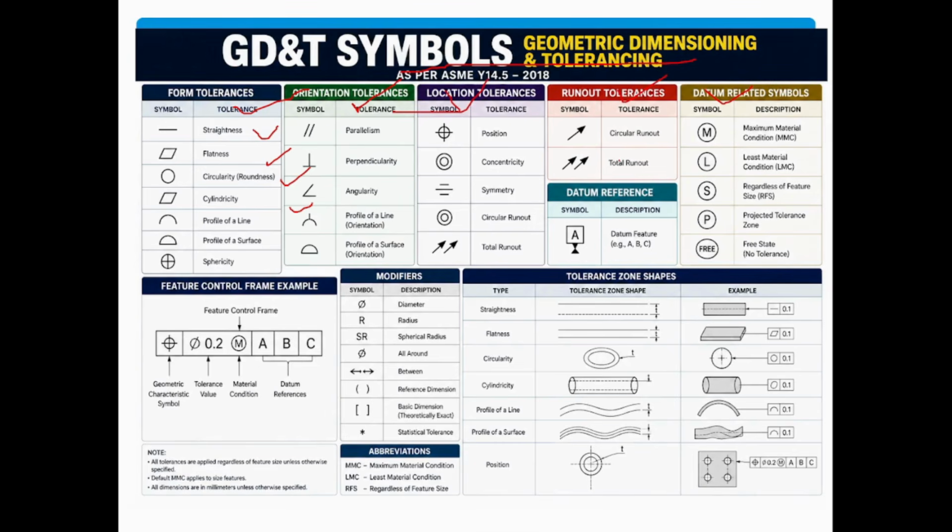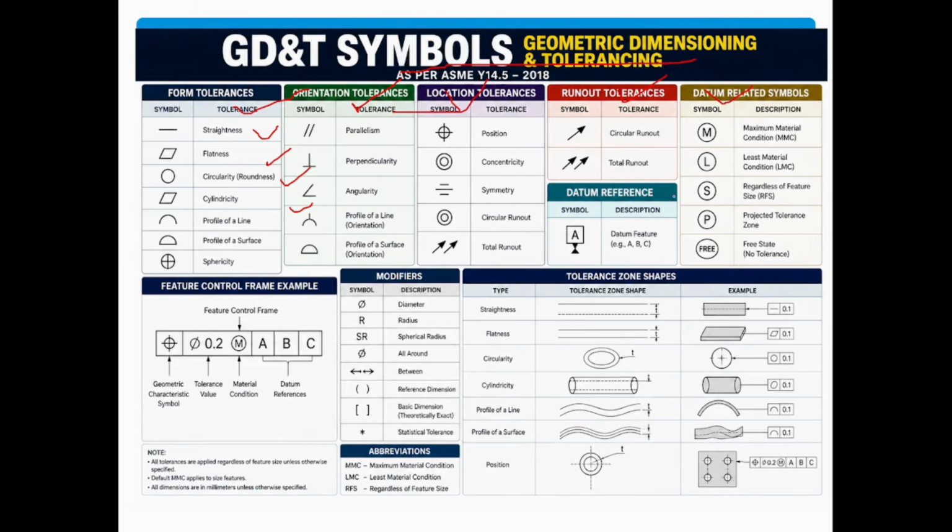You can take a screenshot of this summary of GD&T symbols that will help you when you discuss GD&T in your interviews. I again repeat that this is one of the very favorite topics of an interviewer, especially when you are a fresher or at a very initial stage of your career.